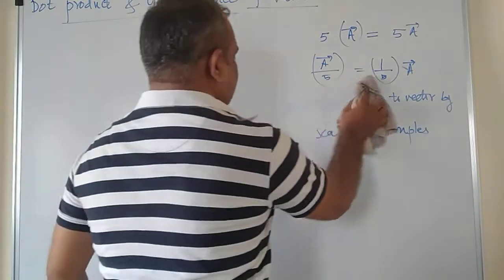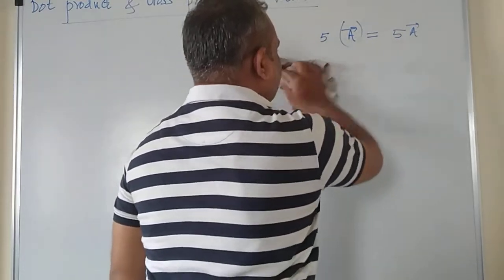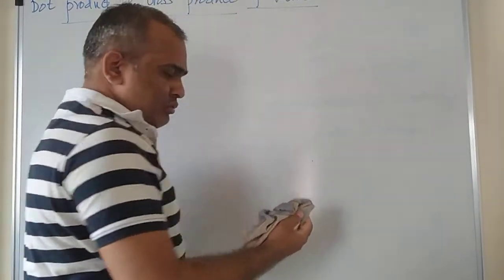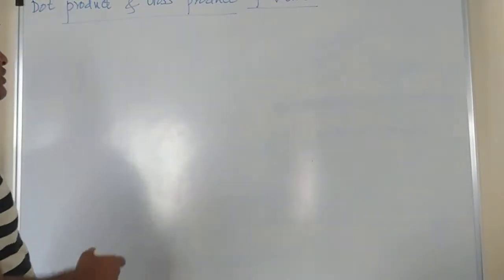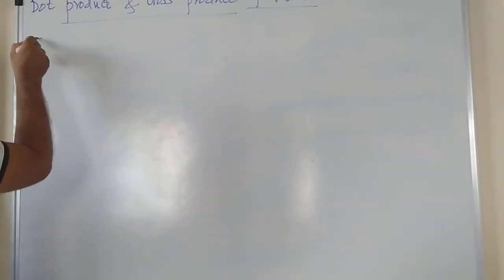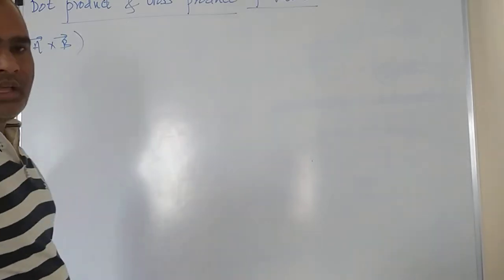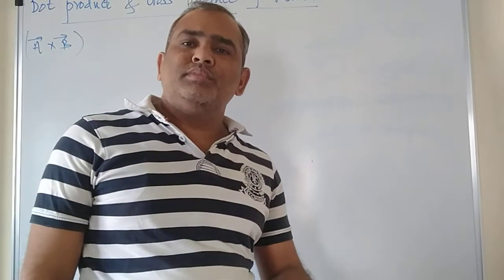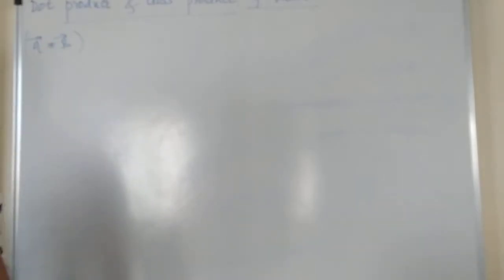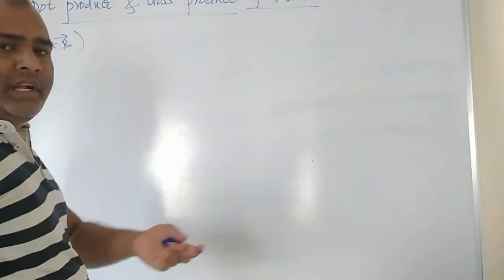Suppose a bar and b bar are your 2 vectors, and you are multiplying these two. This is a multiplication, not a cross. So let me represent the multiplication between two vectors by a star. Cross and dot we will use later on.